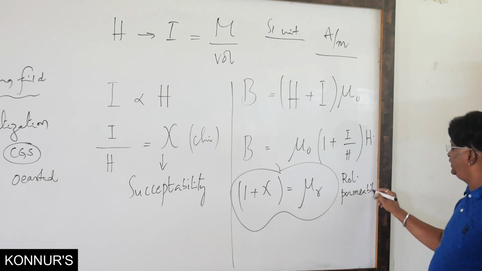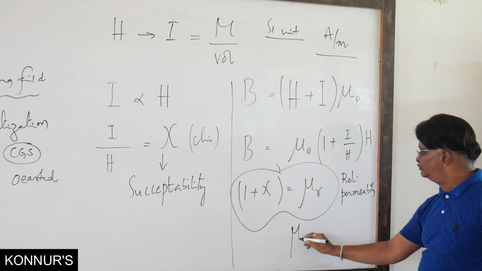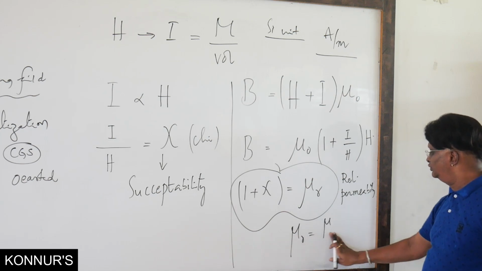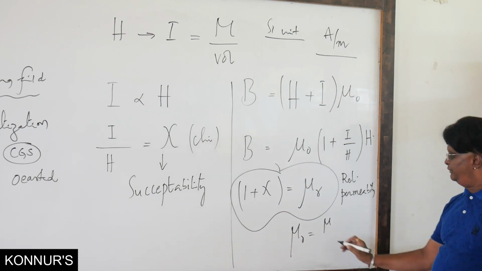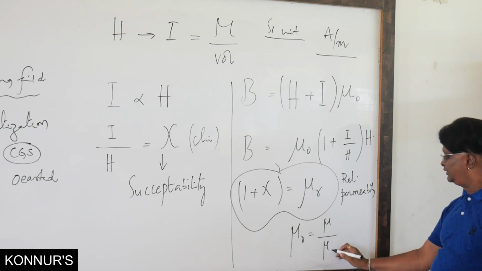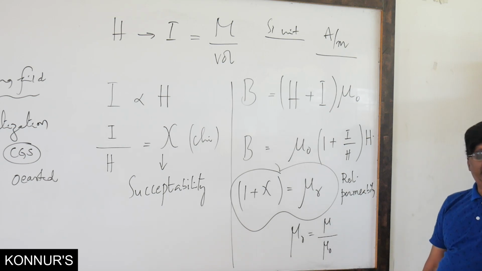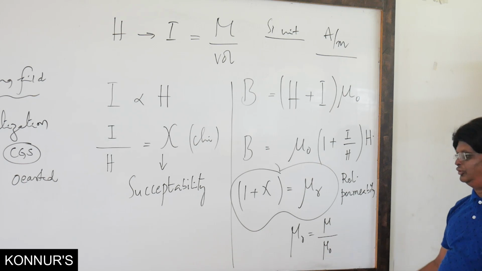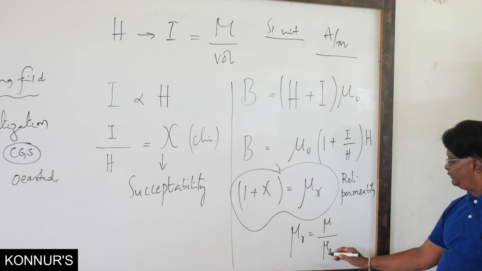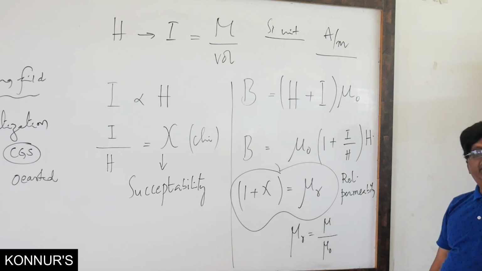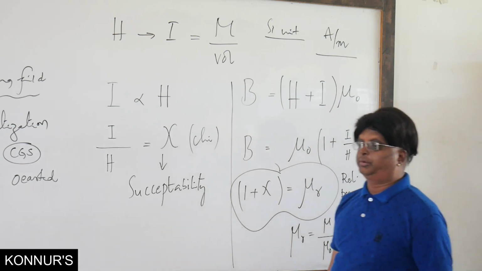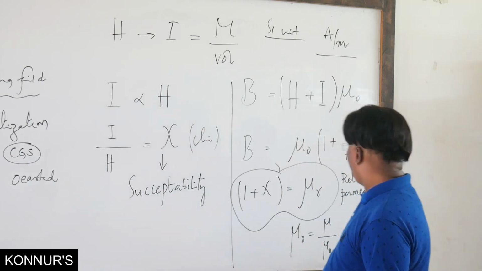Mu r is the permeability of the medium over the permeability of air, the absolute permeability, this ratio. Once more, a ratio of the same quantity, so mu r is unitless and dimensionless, like susceptibility.